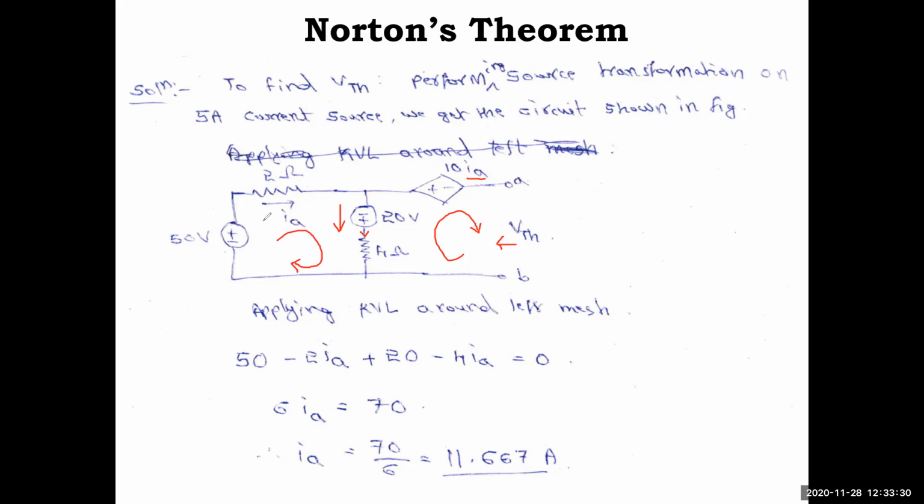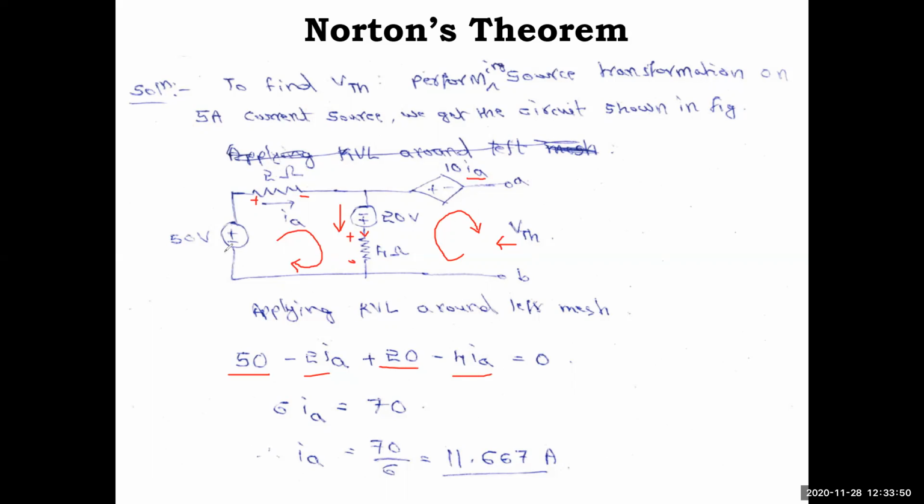So when you apply KVL to this loop, what will you have? Minus to plus, plus 50, and the drop is always through the resistor, plus to minus, right? So it is minus 2 IA, then minus to plus is there, that's why plus 20, then plus to minus is there, minus 4 IA equal to 0.